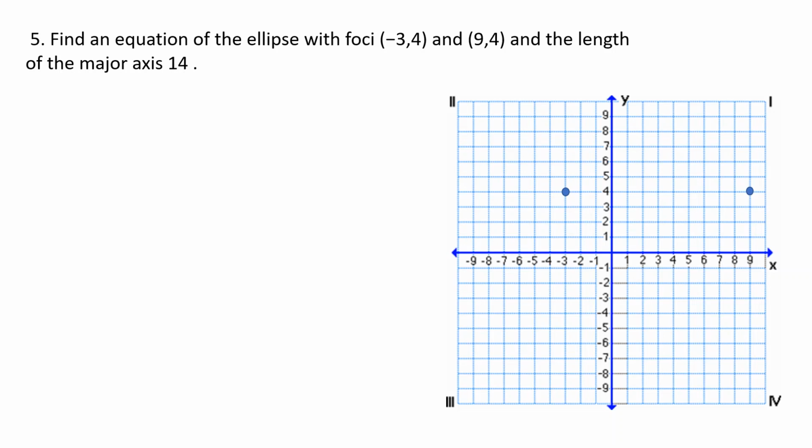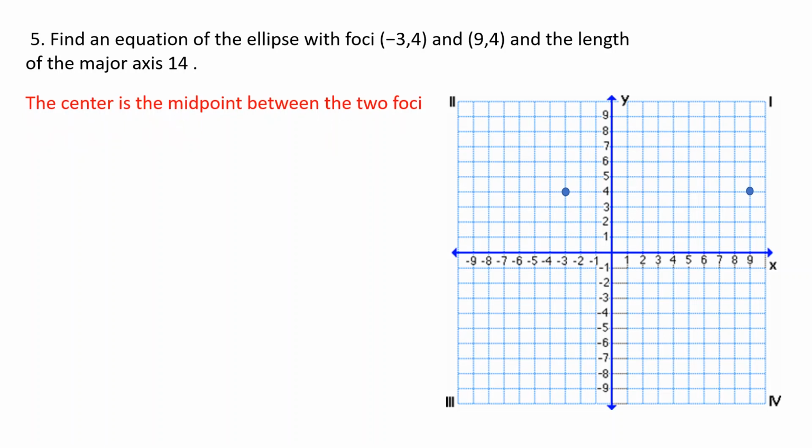We know the center of the ellipse is the midpoint of the segment joining the two foci. So the center is going to be in the middle. Please use the midpoint formula. Don't rely on the graph to find the middle, because that middle might be some decimal. So rely on the midpoint formula.